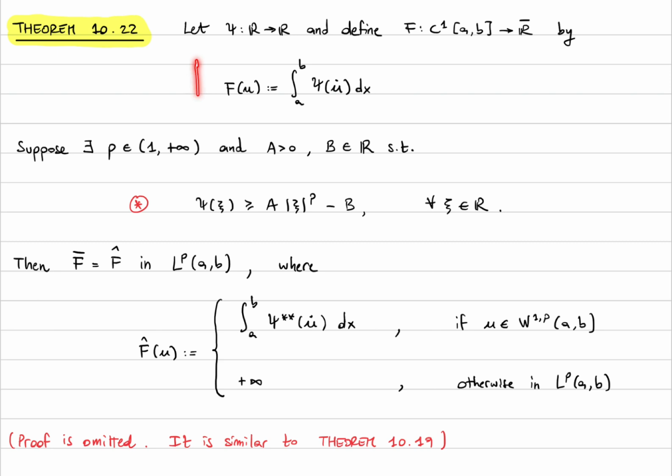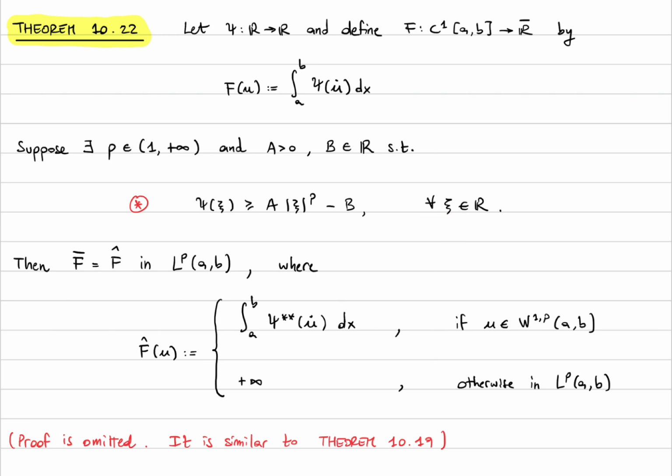But anyway, the functional f is defined as usual as the integral from a to b of psi of u dot. Then assume that there exists some exponent p in (1, plus infinity), endpoints excluded, and some constant a strictly larger than 0, and another constant b in R, such that psi of xi is larger than a times the absolute value of xi to the power of p minus b for every xi in R.